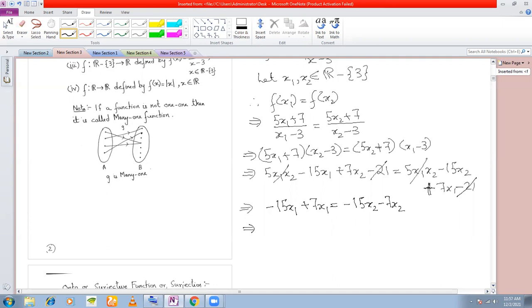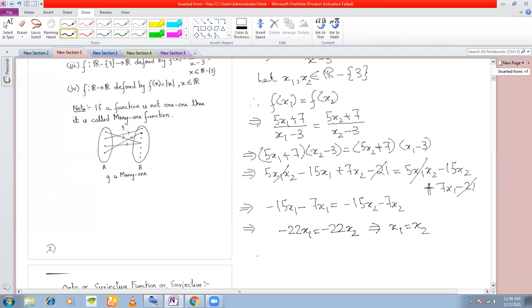Okay, so if you're taking x1 on the other side, this will also become minus. So you are getting minus 22x1 is equal to minus 22x2. That means you're getting x1 is equal to x2.